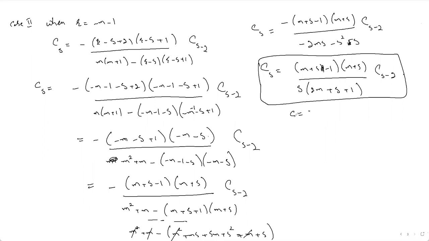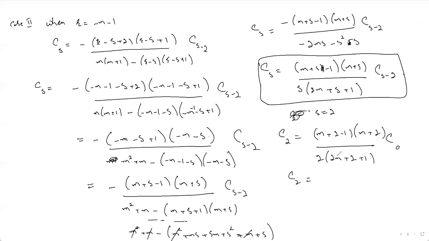So for s equal to 2, what will be the value? c2 will be equal to m plus 2 minus 1 into m plus 2 divided by 2 into 2m plus 2 plus 1, that is 2m plus 3, c0. Further simplifying, c2 will be equal to m plus 1 into m plus 2 divided by 2 into 2m plus 3, c0. So this is one coefficient.